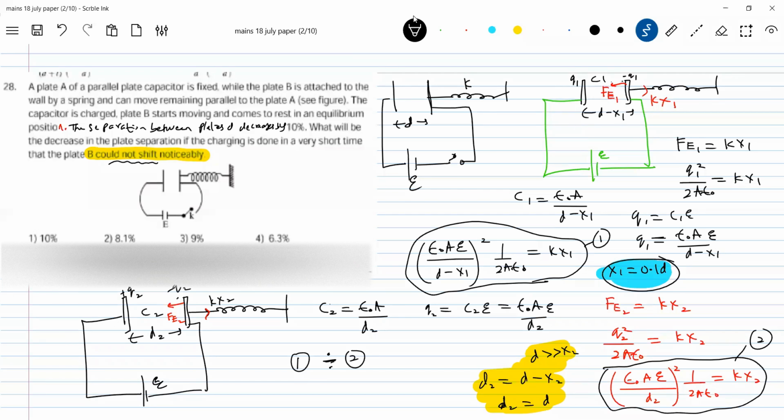Sir, x2 will be 0.729D. It will be 0.729D, so it will become 73%.